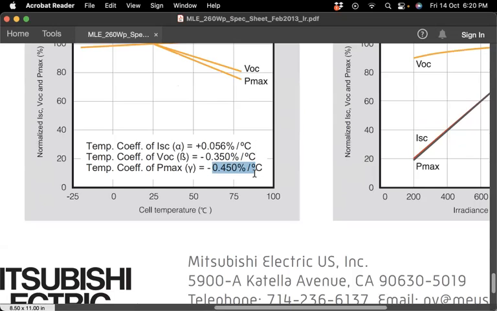Believe me, this 4.5% is a very big amount, because your sizing, which we will learn later on in the next lectures, mainly depends on matching your power generation with your power demand or your load.